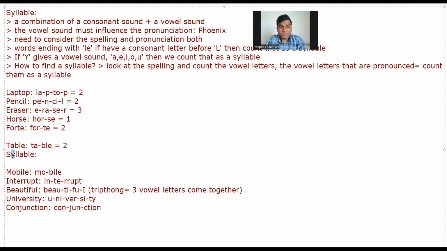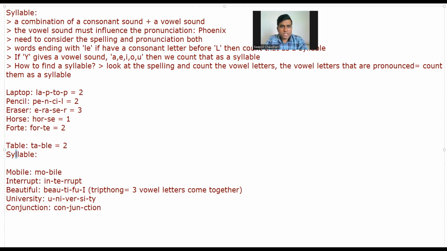So I count this as a syllable. Again, our rule, if Y gives the vowel sound, then count that as a syllable, right? So this is our syllable 1.